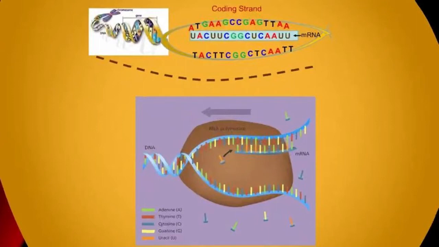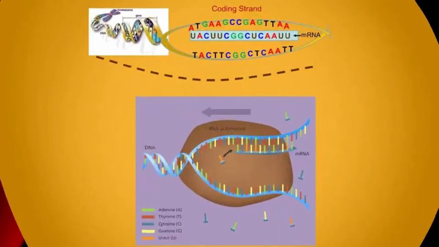Your cells communicate with one another and are told we need to make more insulin. Therefore, they go to the gene encoding insulin and start to transcribe just that gene at that location to create an RNA molecule which contains all the genetic information needed to make the insulin protein.